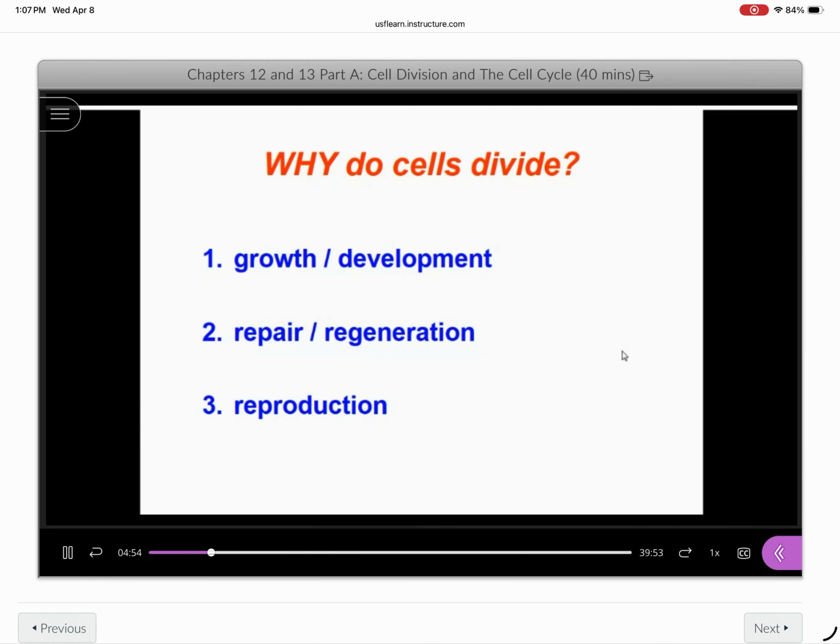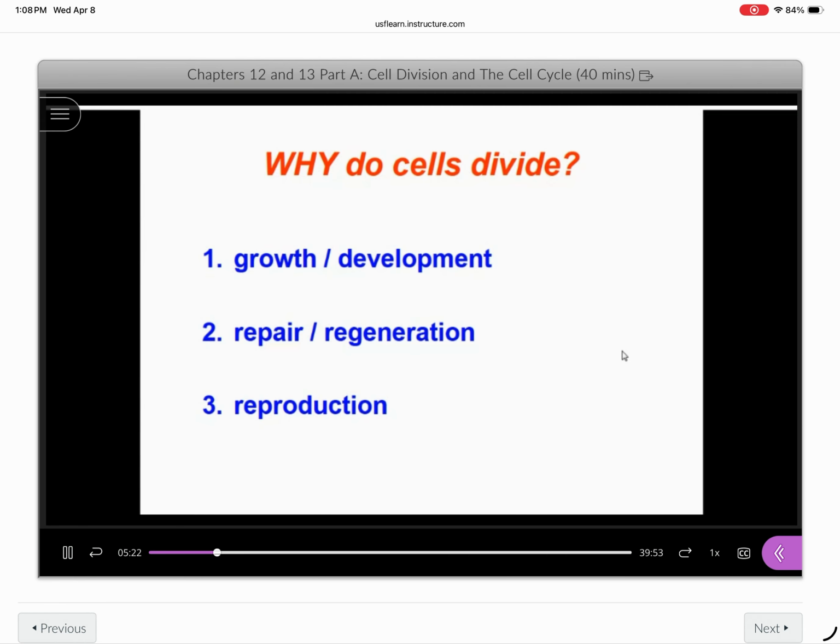Occasionally, a tissue or an organ will become damaged. At that point, cell division could very well serve to repair that damage. Good as new. There are other tissues in our body that we will constantly regenerate, constantly renew, because it's just a good idea, right?